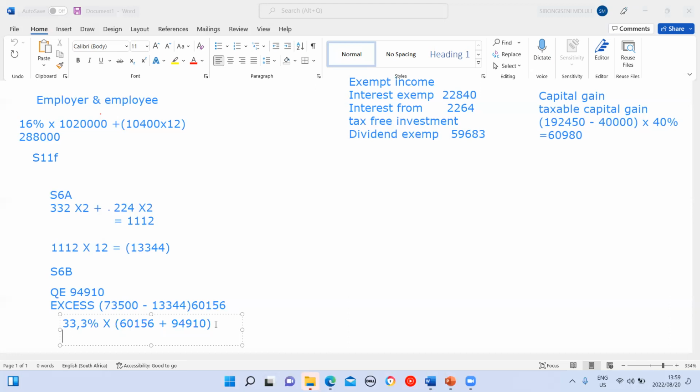So it'll be 33.3 percent times 60,156 plus 94,910 bracket equals 1637, because you plus your excess and the qualifying expenditure, and that will be your section 6B rebate.